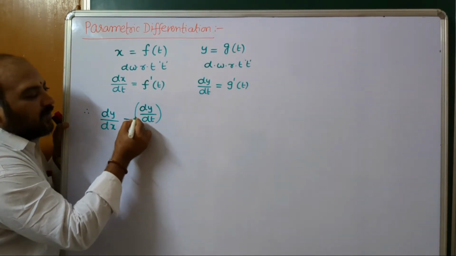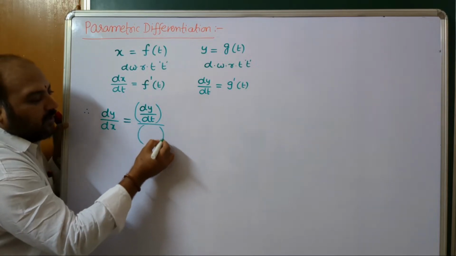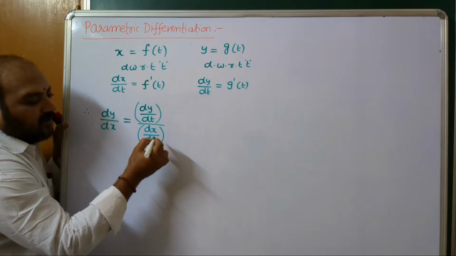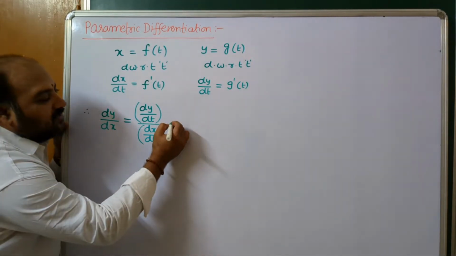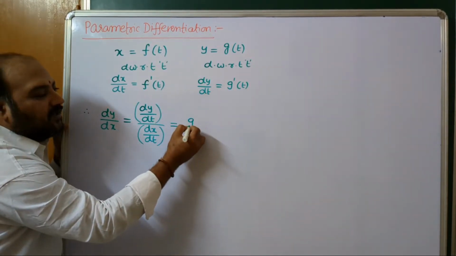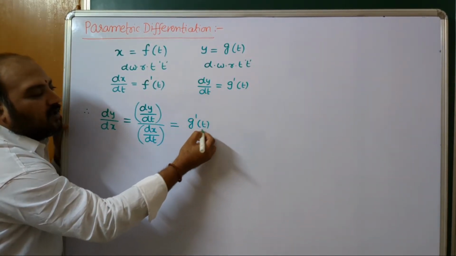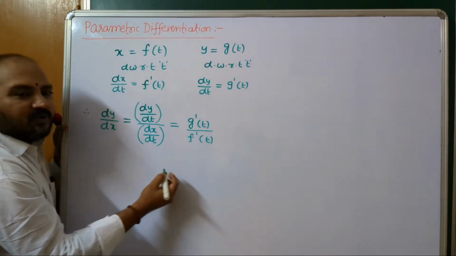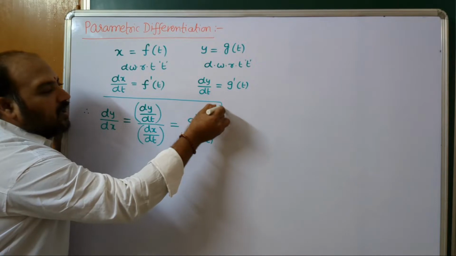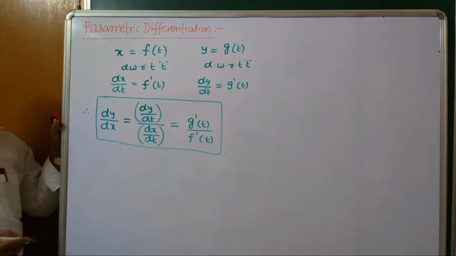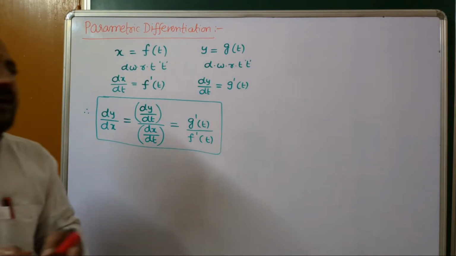So dy by dt whole divided by dx by dt. Am I right? Which is equal to, what is the dy by dt value? g dash of t by f dash of t. So this process is called parametric differentiation. This process is called parametric differentiation.